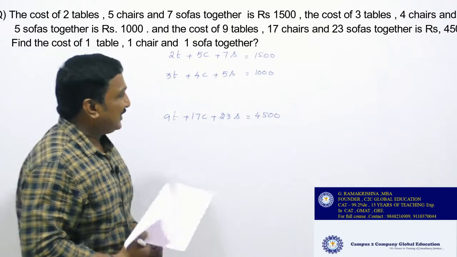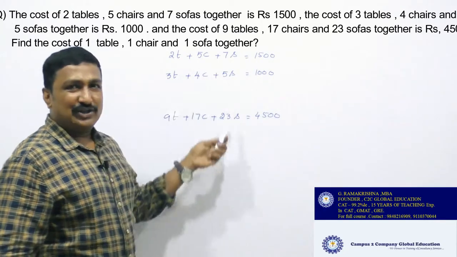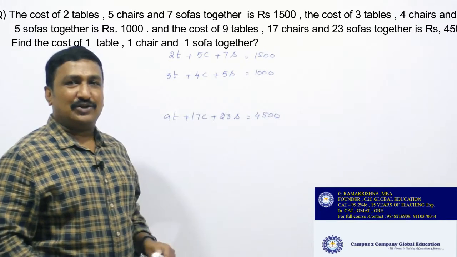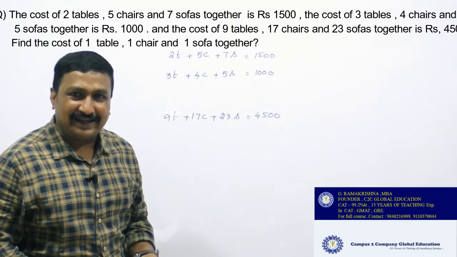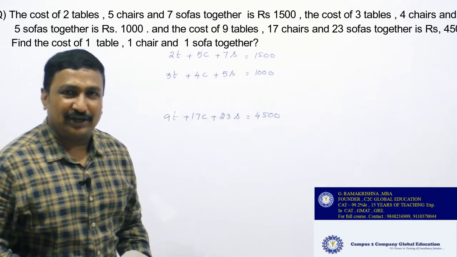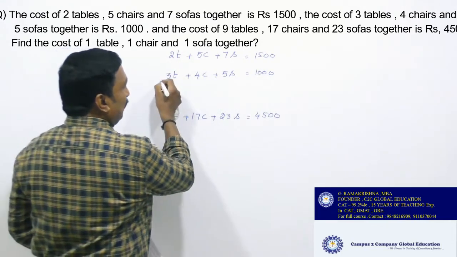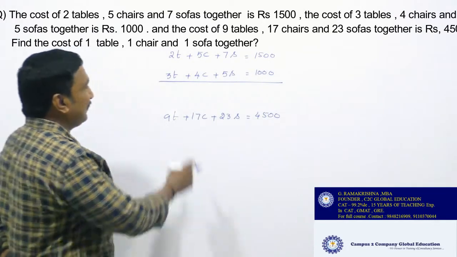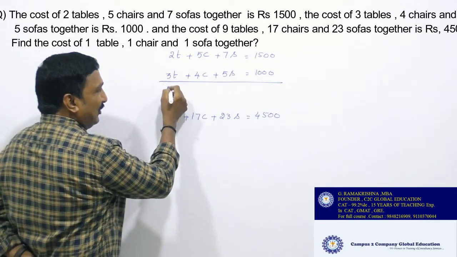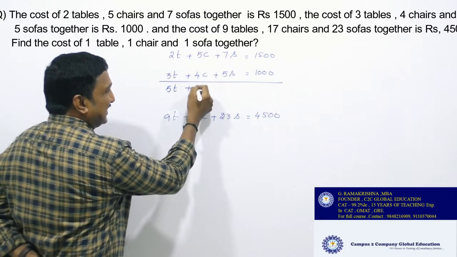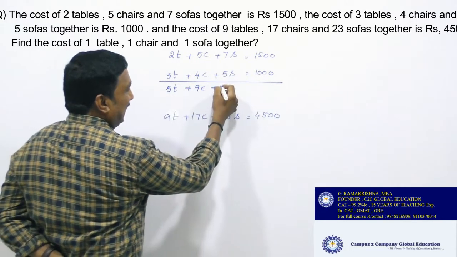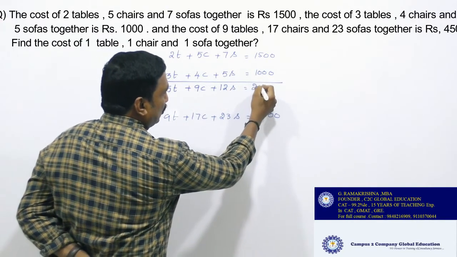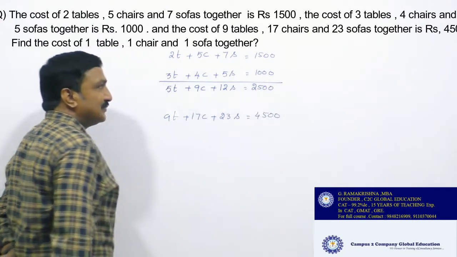So how to find it? Whenever there are 3 equations and 3 variables, look at the combination. Take any two equations and add, then subtract from the third equation. So here I will add the first equation and second equation. I will get 5t plus 9c plus 12s together 2500, friends. Right?